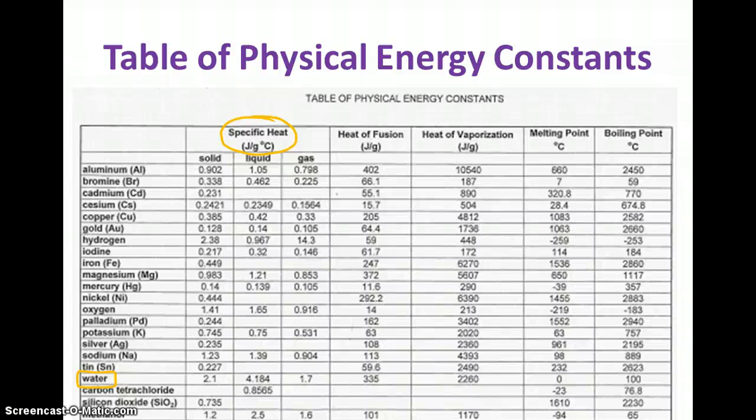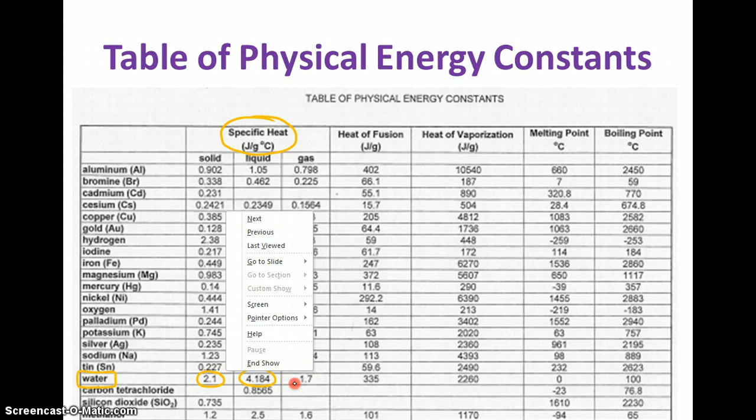And check this out. It takes 2.1 joules to increase 1 gram of ice by 1 degree Celsius. It takes 4.184 joules to increase the temperature of 1 gram of liquid water by 1 degree Celsius.